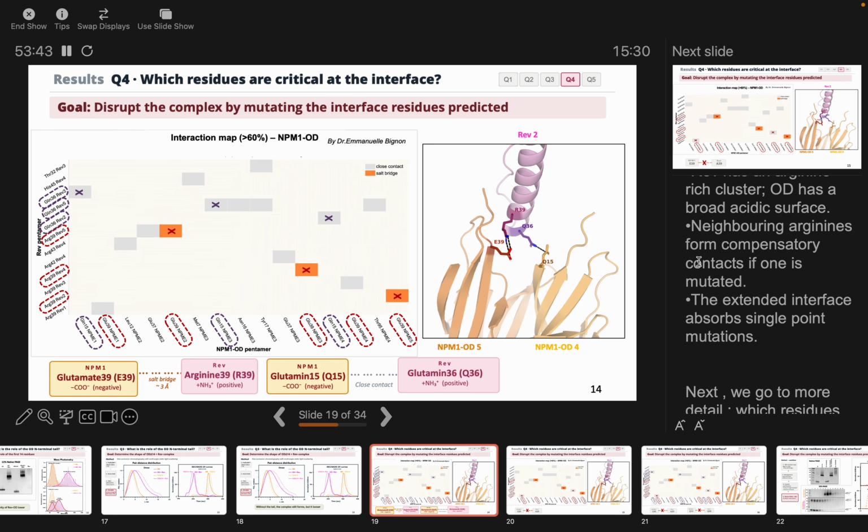Because I did perform it, but Rap is too flexible on the OD scaffold, and we tried cross-linking to stabilize Rap on the OD to capture the precise position of Rap on the OD, but the cross-linking hasn't finished, and this didn't work with glutaraldehyde and BS3, so I didn't show it here.